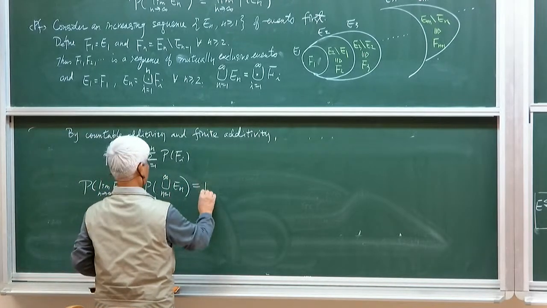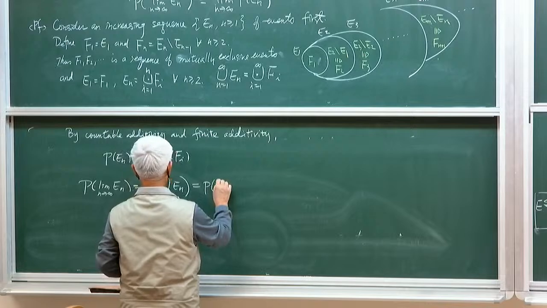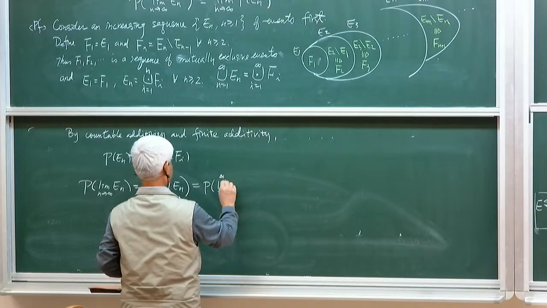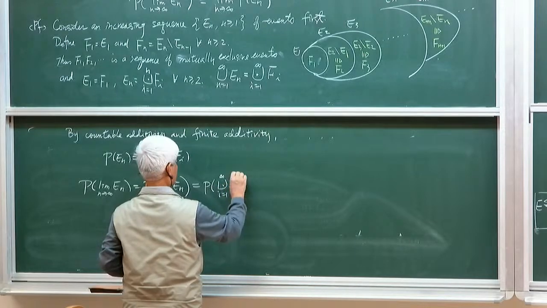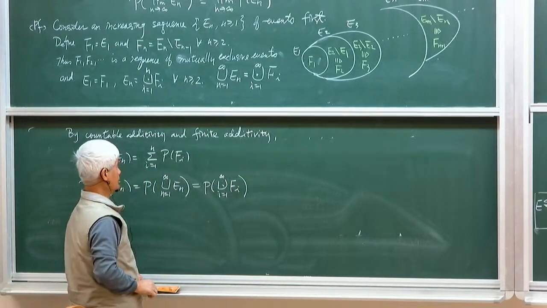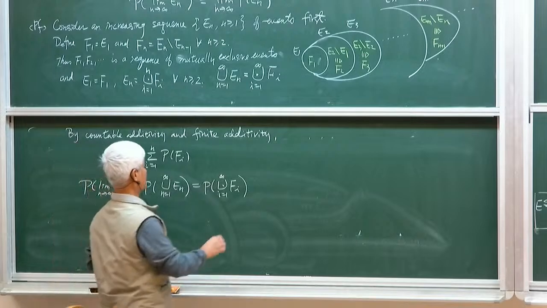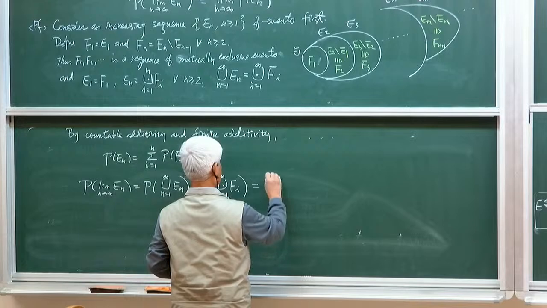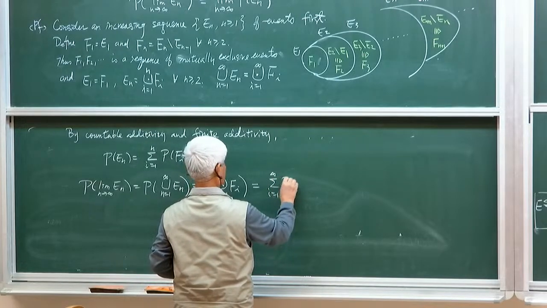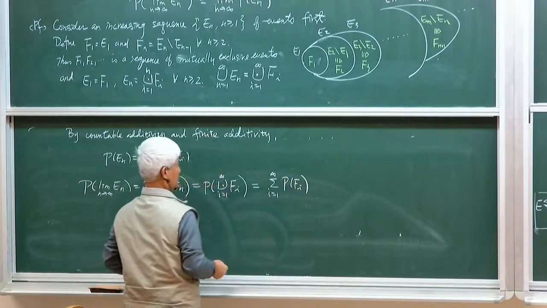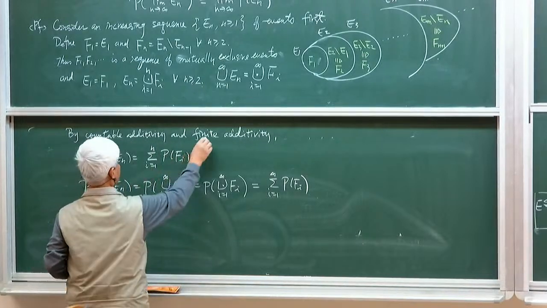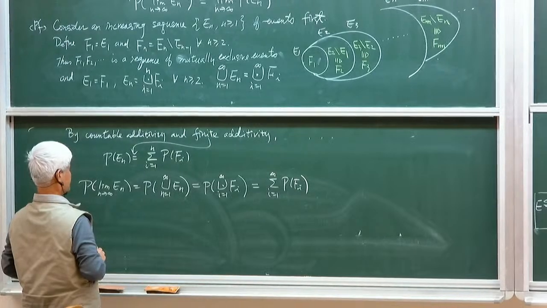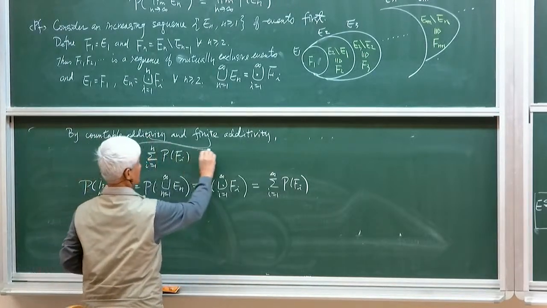Okay, but we know this is equal to the disjoint union i from 1 to infinity of Fi. Okay, and so this is the summation. So finite activity is here, and the countable activity is here.